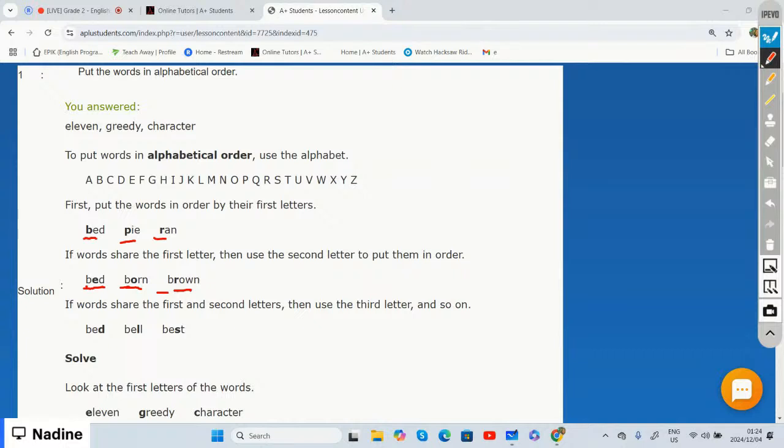All right. And then we just continue by looking at the next letters and the next letters and so on. And if we share the first letters as well as the second letters, like we have over here, then we look at the third letters. And we just go on and on and on.